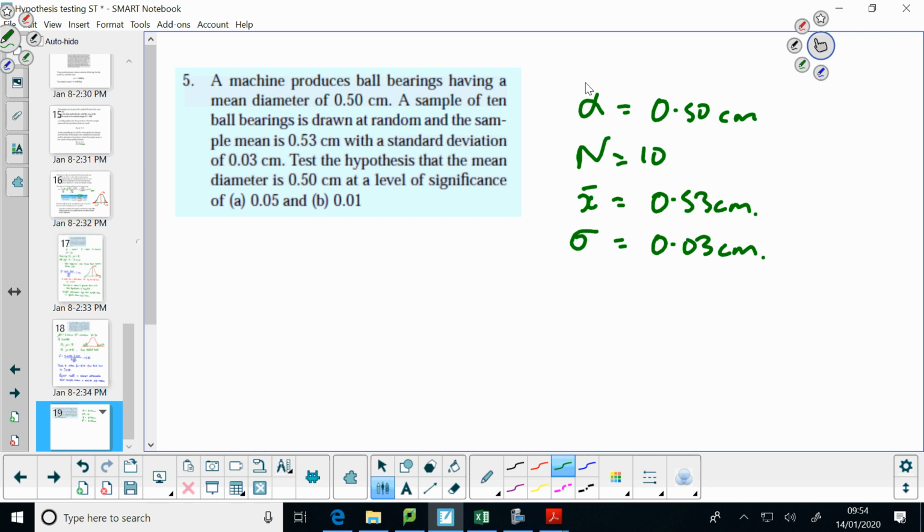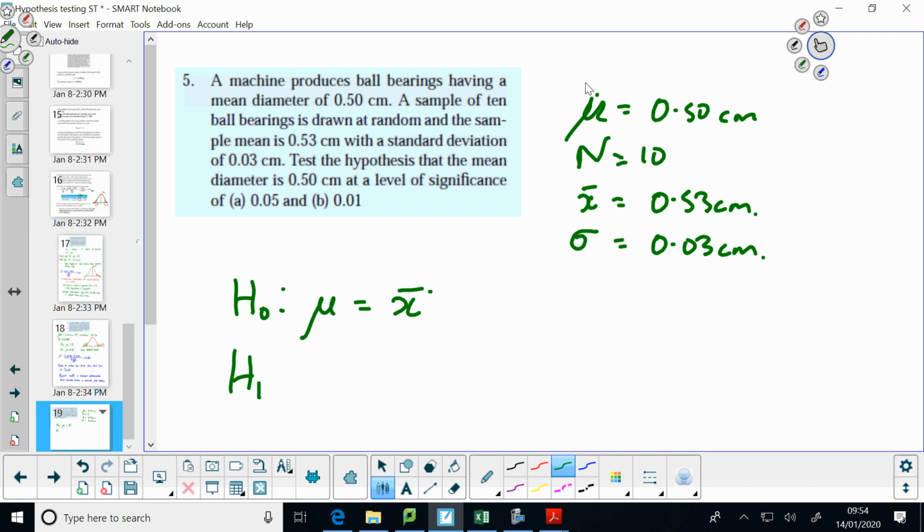So the null hypothesis H0 is, sorry, that's not alpha, it's mu. Mu is equal to x bar.